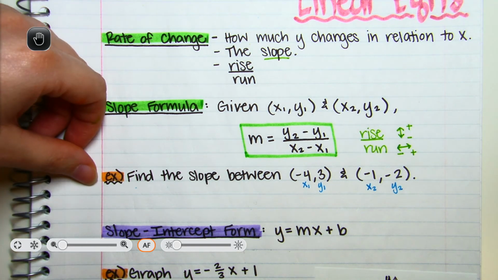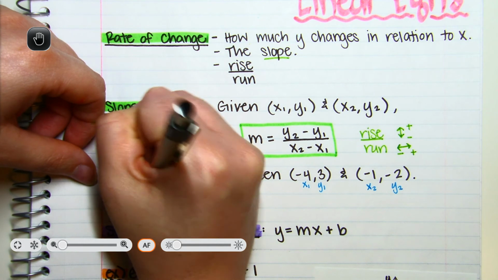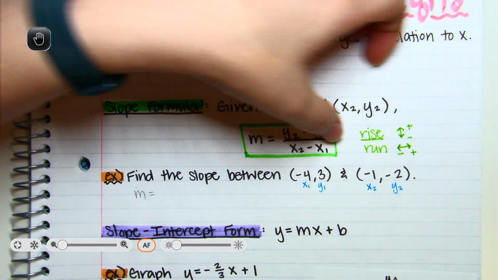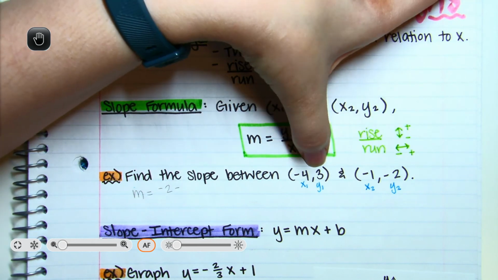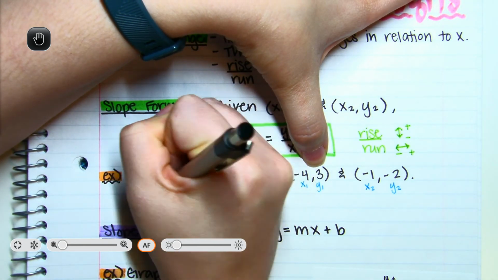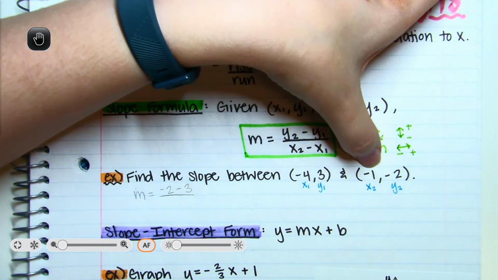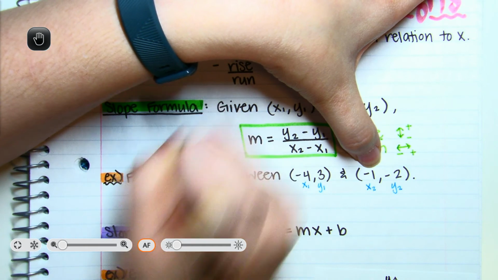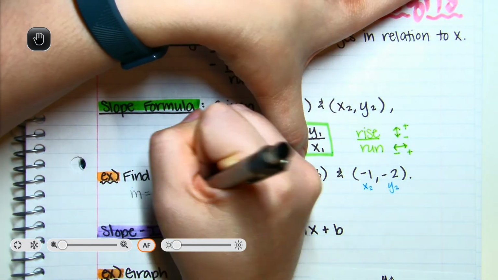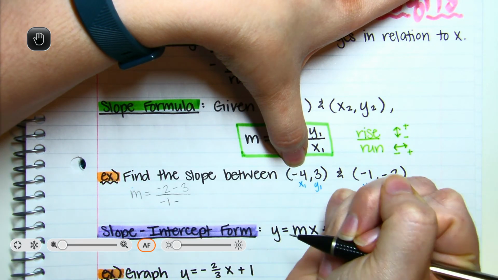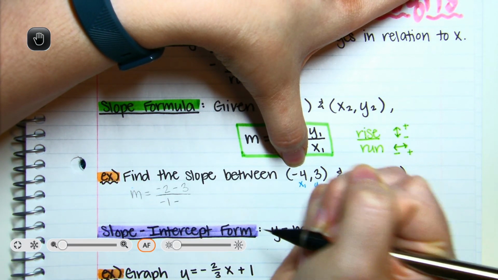All right, so my slope is equal to y sub 2 minus y sub 1 divided by x sub 2 minus x sub 1. Now notice we are subtracting a negative. You can either put it in parentheses or you can just do another minus.